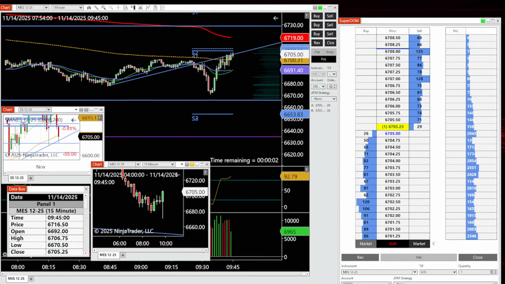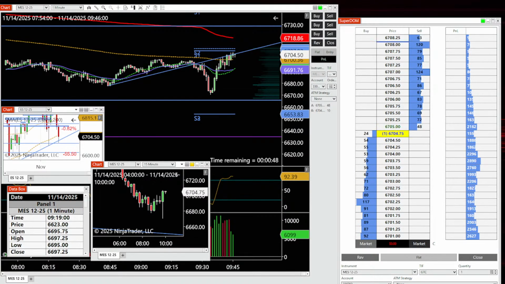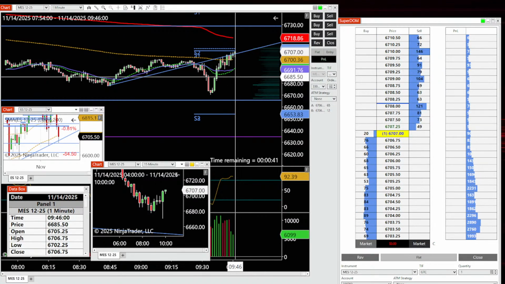I like the 14, 15 better than the 10, because people are going to look at that 10. Next 15-minute bar just opened up. The low of the 15-minute bar just opened up here.